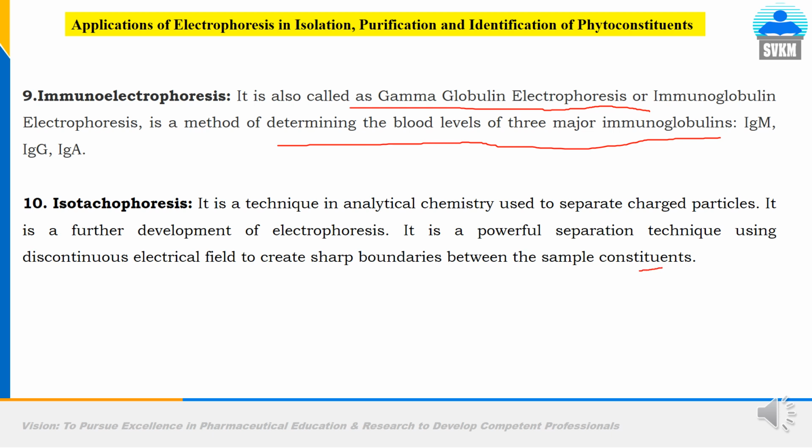So even with the continuation of this electric field, you will still get properly separated compounds. They will not mix with other sample constituents, but instead will have properly separated boundaries in the given field.